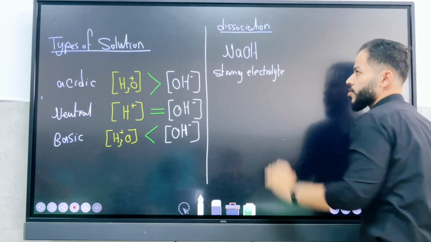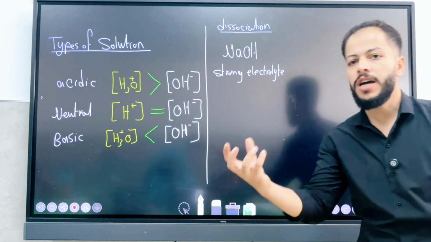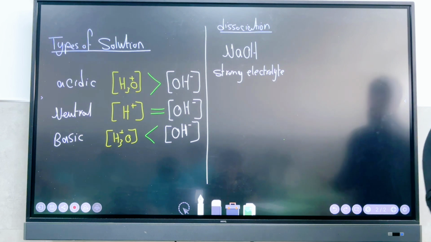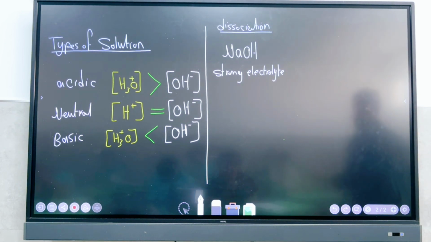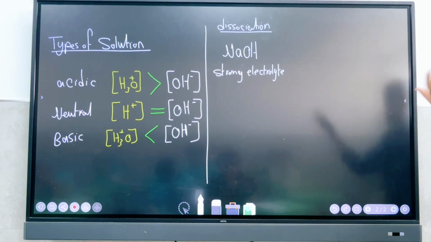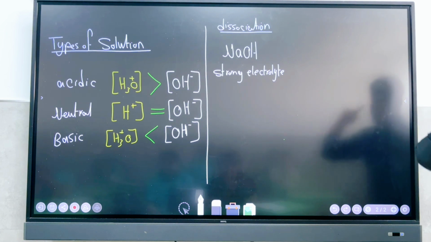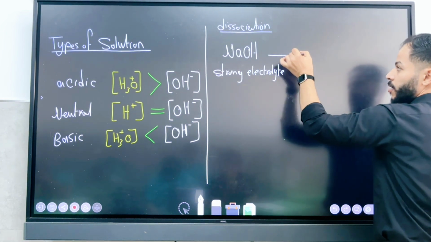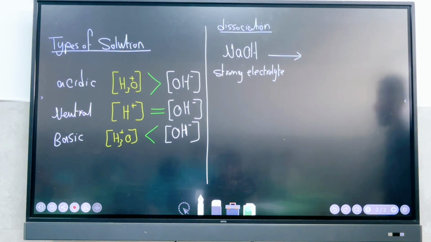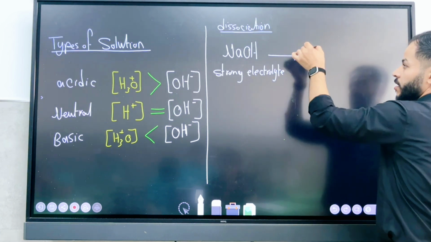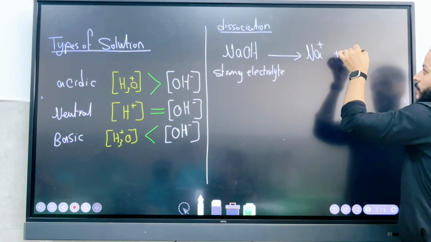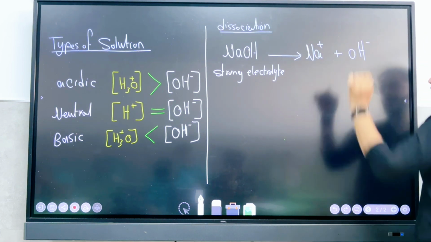What do we mean by strong electrolyte? Is it partially ionized or completely ionized, as it's strong? What I mean by a strong electrolyte, from the previous year, is completely ionized. This means all the compound will convert in one direction to ions, forming Na positive plus OH negative.